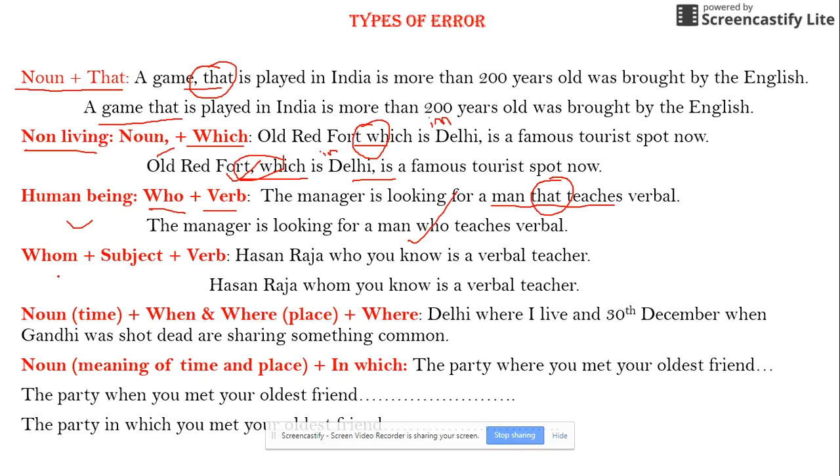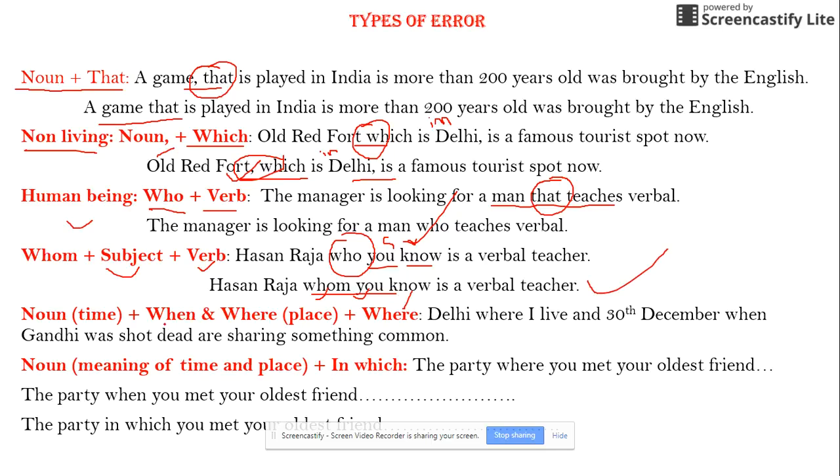Whom: when we use whom, there must be a subject and a verb. After whom, we never use a verb directly; we use subject plus verb. Hassan Raja, who you know. Look, you know is subject, verb. In that case, who is incorrect. It should be whom. It means whom, subject, and verb. This is the correct one.